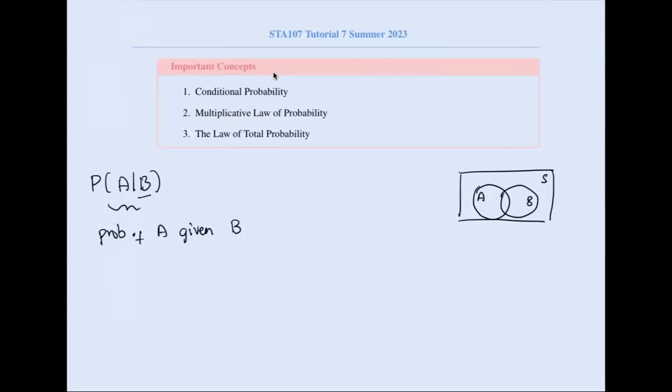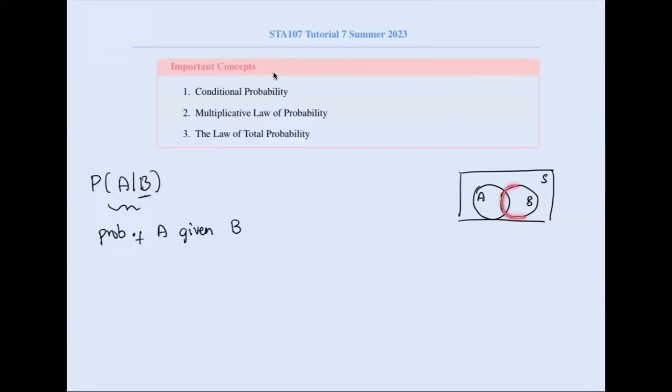Then we know that B happens, which means our focus reduced to this circle only, because outside the circle, it is B complement, which means that B does not happen. But now we know that B happens, and we want to know what is the probability that A also happens.